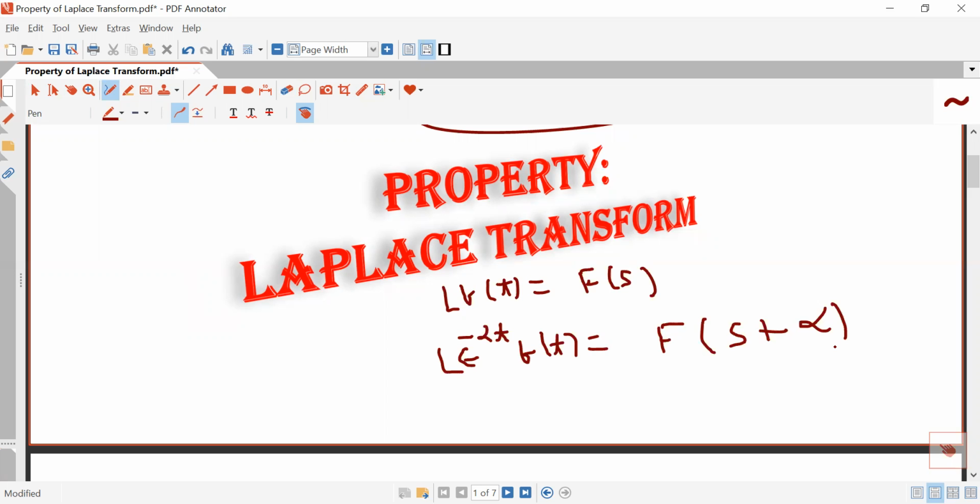So if you have an idea of Laplace transform of f(t), then by using this property you can determine the Laplace transform of e to the power minus alpha t f(t).